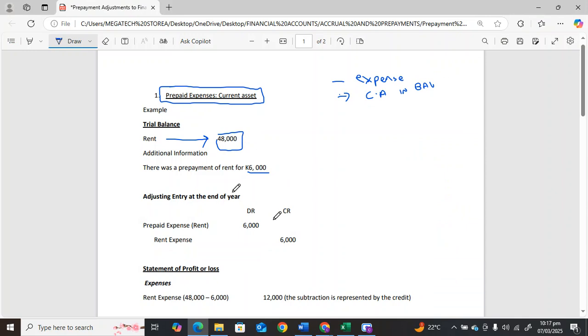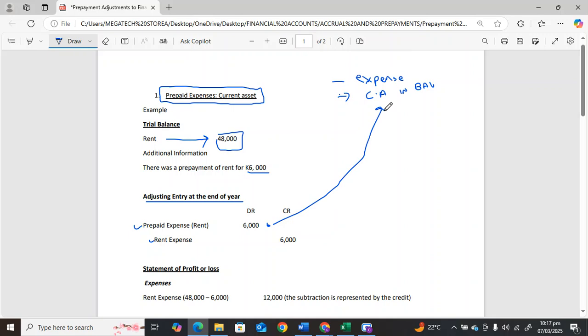So look at this journal entry, which is the adjustment journal entry. We debit our prepayment 6,000 and we credit our expense 6,000. This debit entry represents the current asset which we're going to put in the balance sheet.